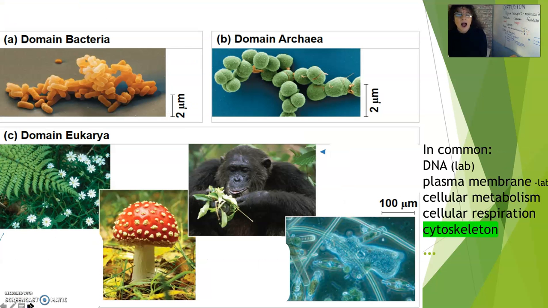I wanted to also point out to you that another thing that prokaryotes and eukaryotes have in common is a cytoskeleton. And a cytoskeleton adds shape to a cell, and you're going to need to pick out some shapes in your activity. You have 3 shapes up here for your prokaryotes, but you have more shapes for your eukaryotes.